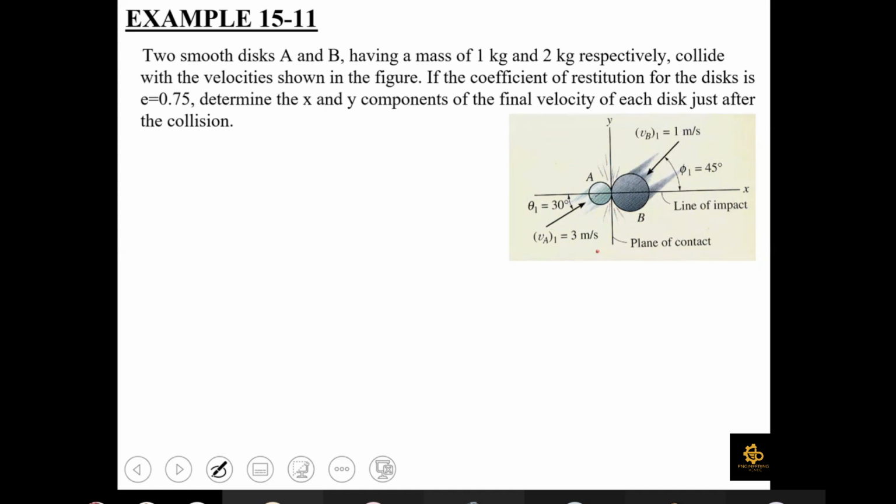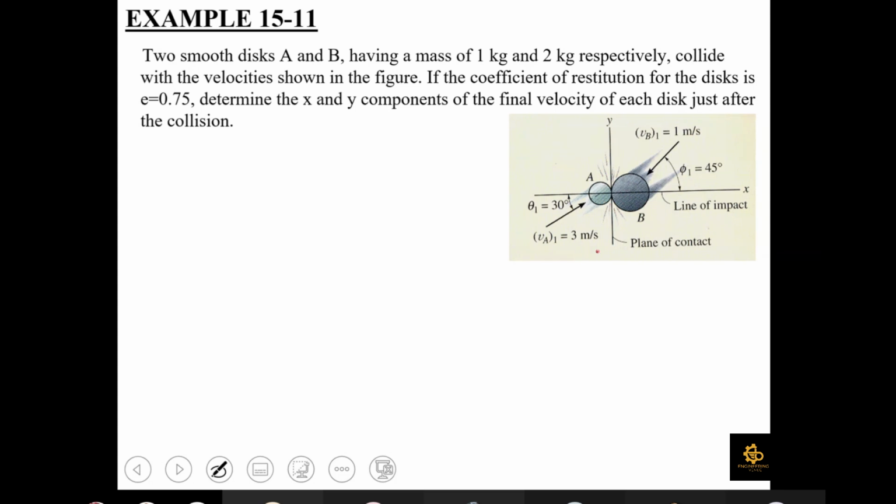Okay, starting with example 15-11, in which you have two particles, these two disks A and B, having masses of 1 kg and 2 kg respectively. These two disks were traveling at the velocities shown, that is, the velocity of A is 3 meters per second at an angle of 30 degrees with respect to the line of impact.